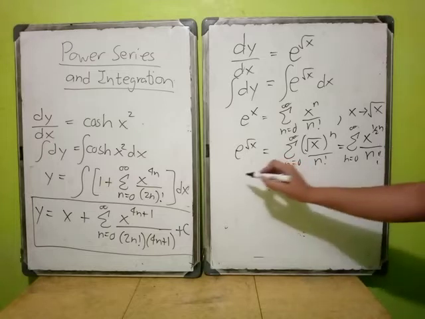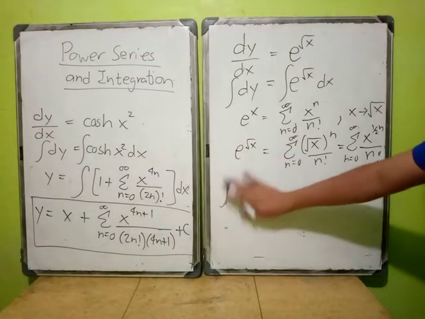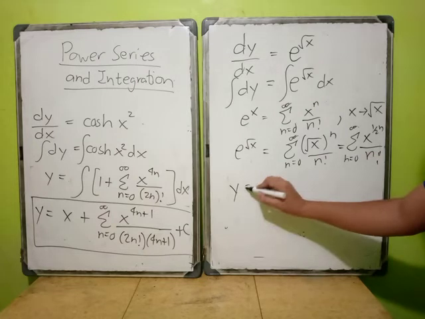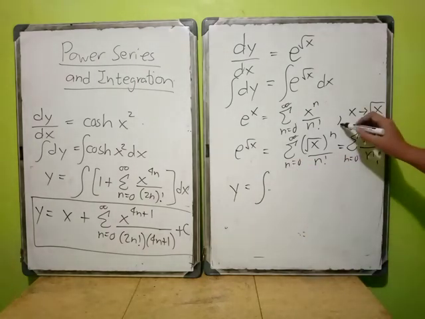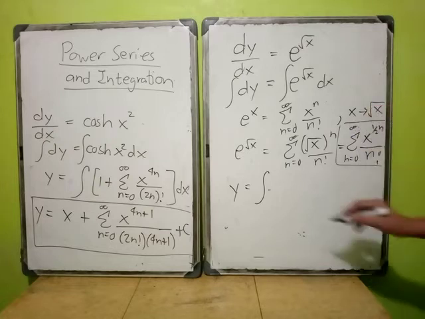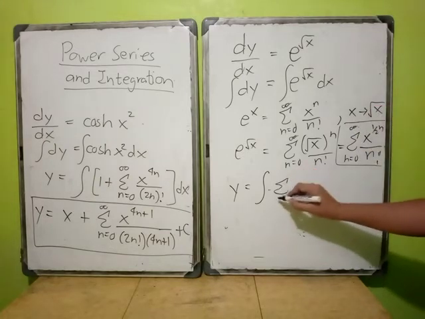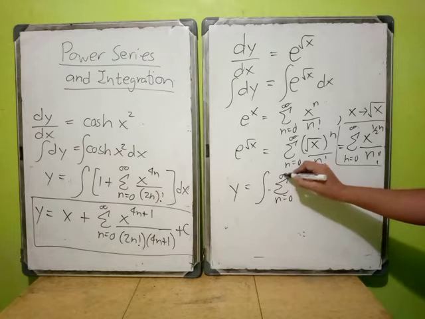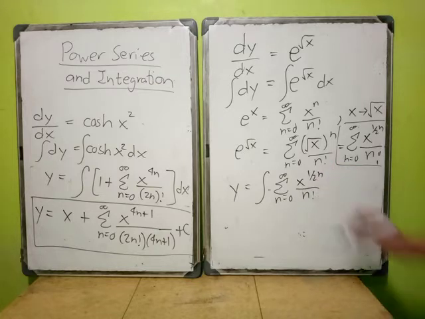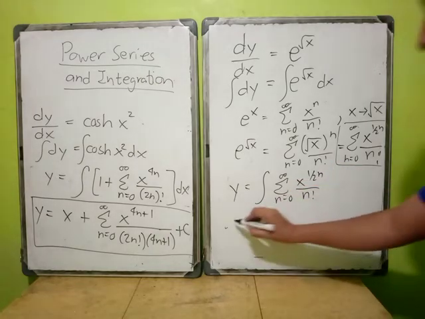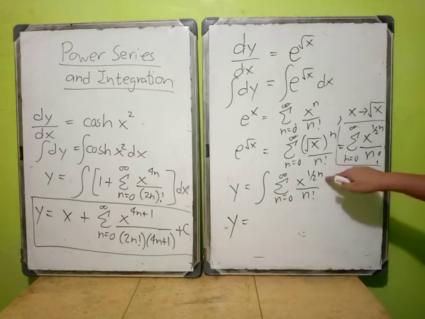From that point, we can already integrate. Therefore y is equivalent to the integral of this, the sum from n equals 0 to infinity of x to the 1 half n over n factorial.